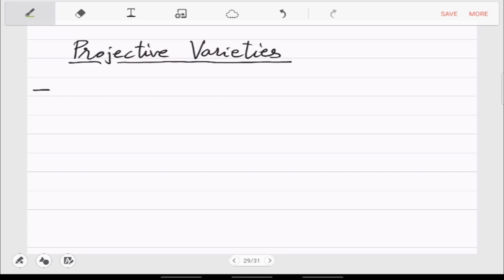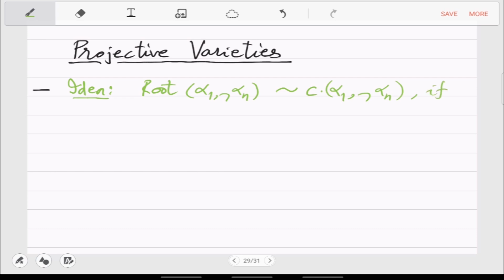So in a projective variety, basically we don't distinguish a root from its multiple. Okay, so the idea is a root alpha 1 to alpha n is considered the same as any multiple of it, as long as c is in the base field and non-zero.